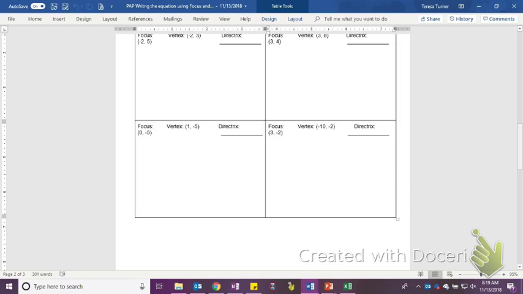Now look at another one. In this case, our vertex is at 1, negative 5. There's a vertex. Our focus is at 0, negative 5. So this is our focus. So we know that this parabola is going to open to the left because the parabola always opens from the vertex towards the focus.